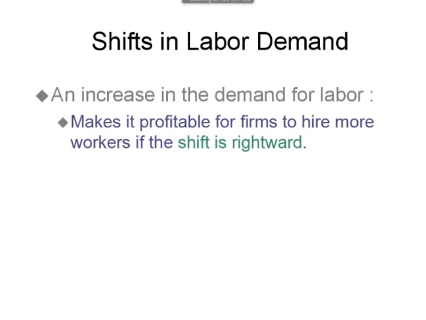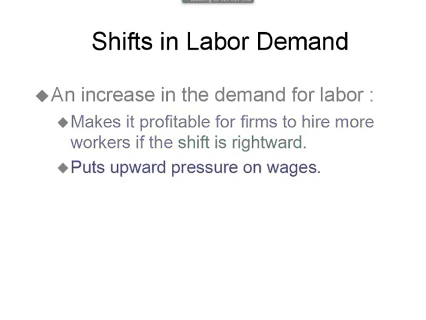Now we already discussed that if there is a shift, then the last unit of labor hired or used would actually generate more revenue, more marginal revenue. The marginal revenue product would be higher if there is a rightward shift.